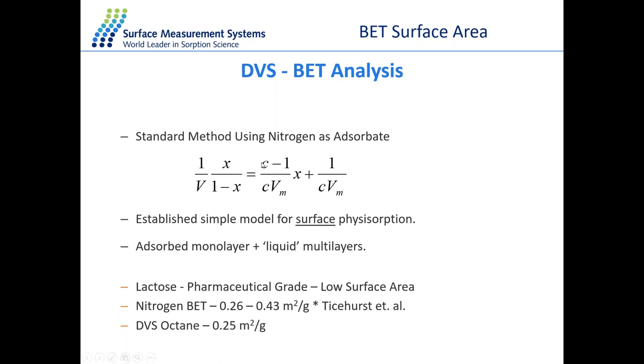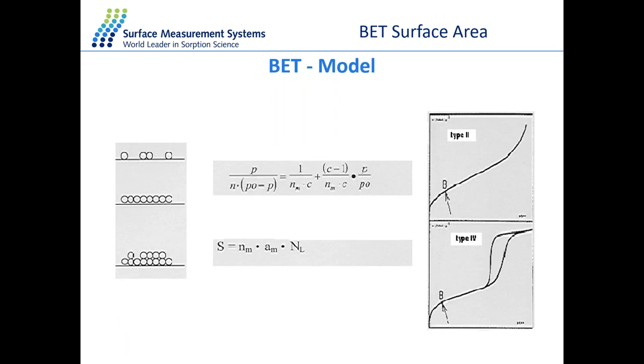We can automatically find the slope of the line, and then we can find the intercept, which is this parameter. By knowing these two parameters, we automatically know the volume of the monolayer because every other factor is known during the experiment. So what we are doing here is taking our plot and fitting a line literally between 5 and 35% partial pressure.